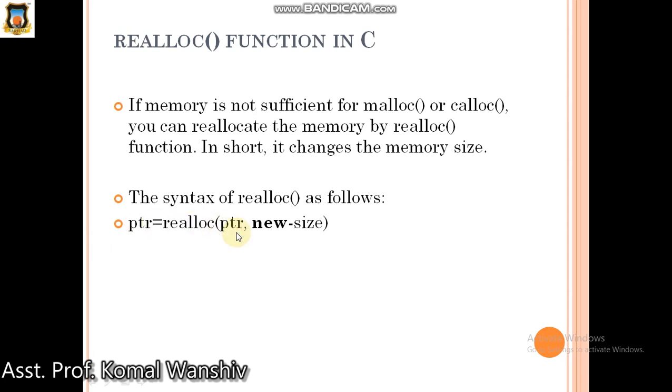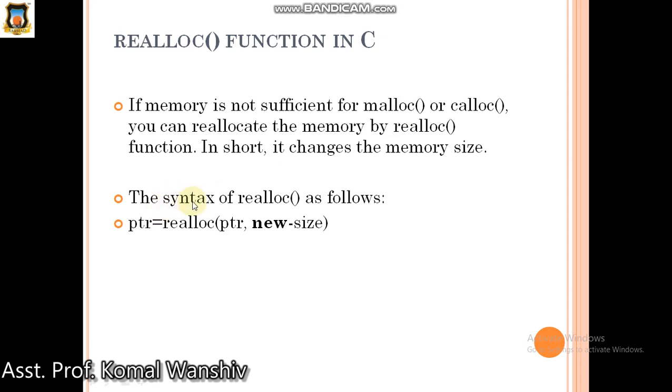Next function is the realloc function. The realloc function allocates memory when the memory allocated by malloc and calloc is not sufficient. So you can allocate memory again by using the realloc function. In short, we can say that the realloc function changes the memory size.